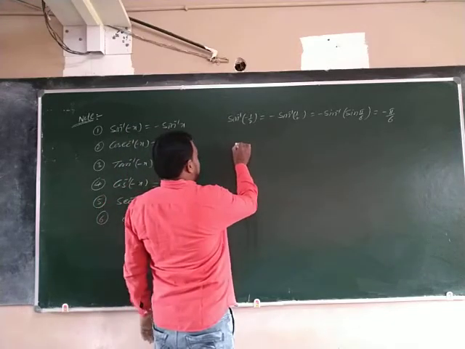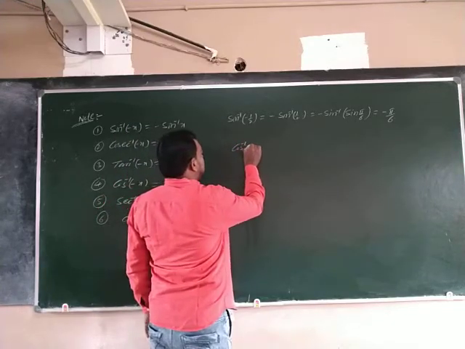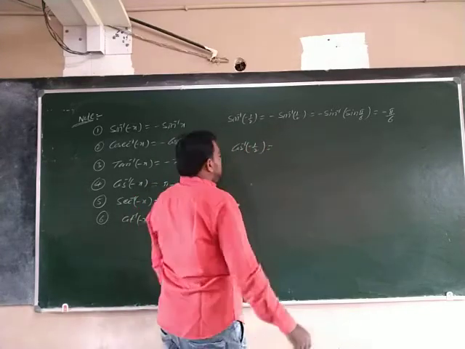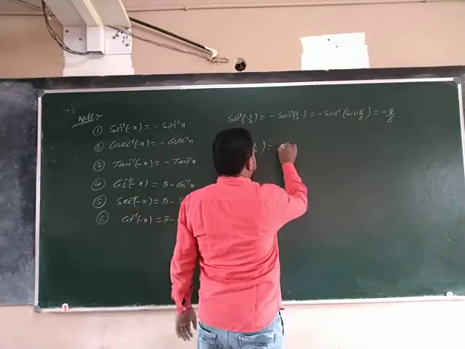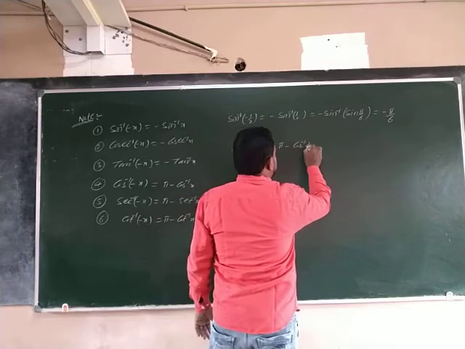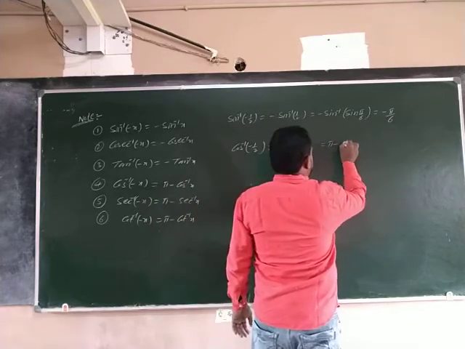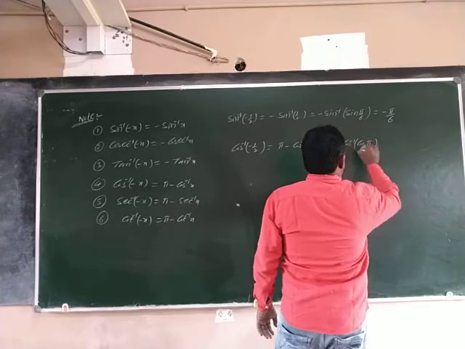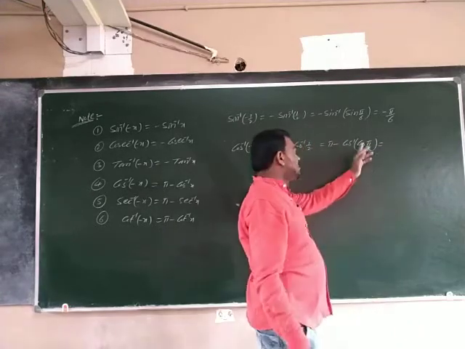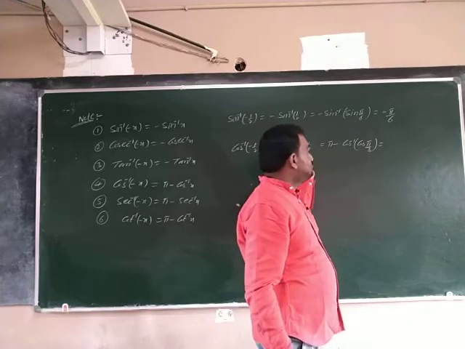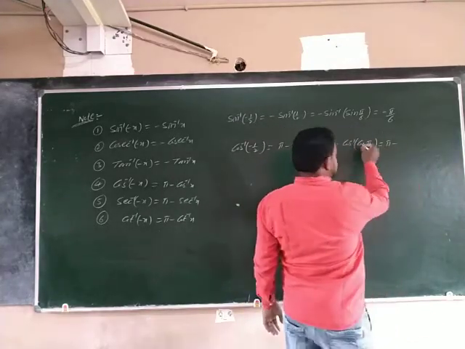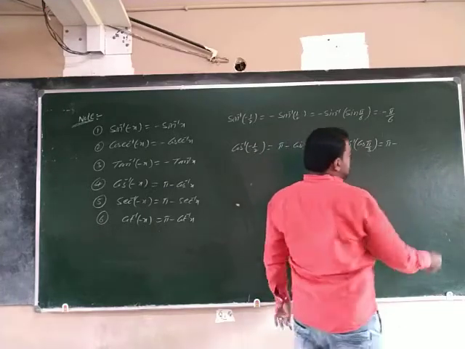Next, cos inverse of minus 1 by 2, only I am solving this one. You see, cos inverse of minus 1 by 2 is equal to pi minus cos inverse of 1 by 2. That is equal to pi minus cos inverse of cos pi by 3, since cos pi by 3 value is 1 by 2. So pi minus cos inverse of cos x is equal to x only.